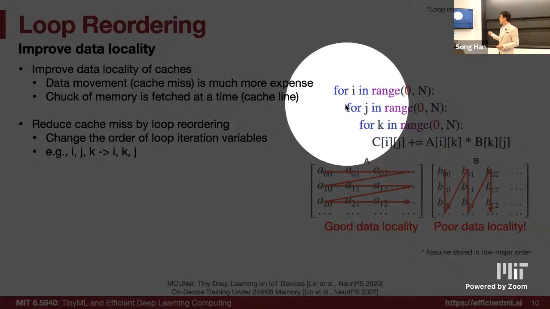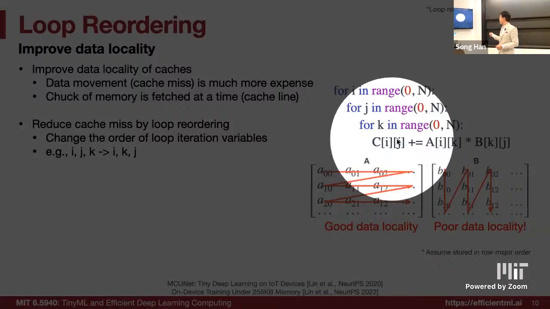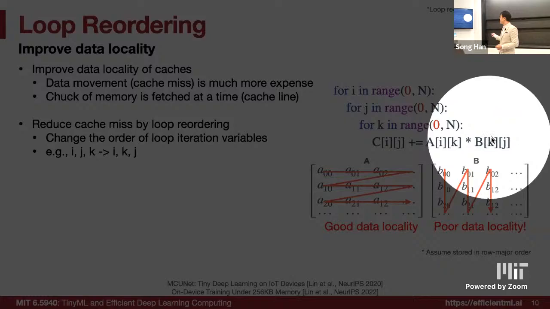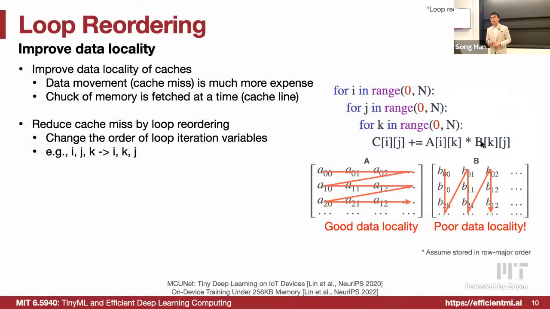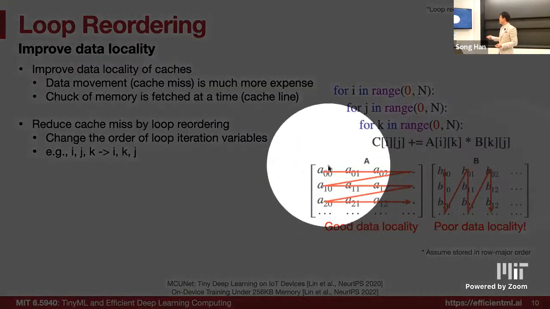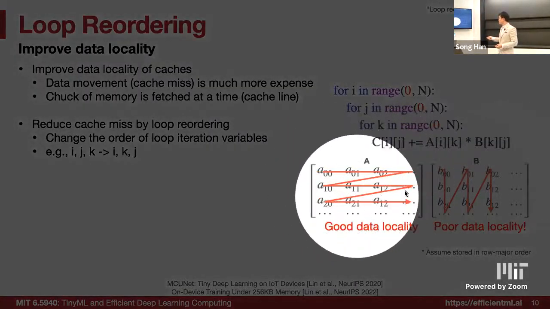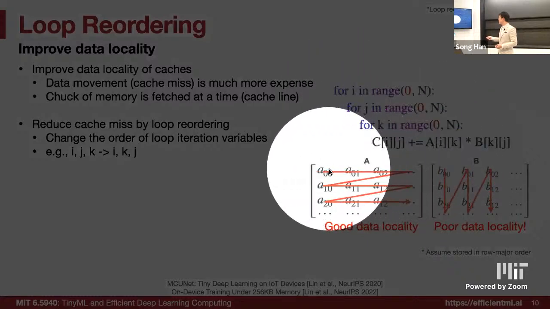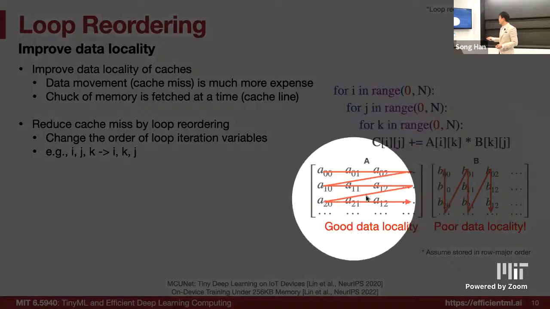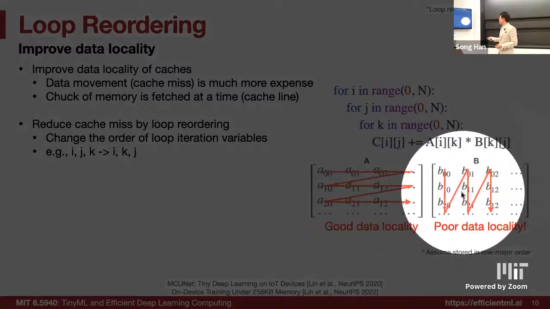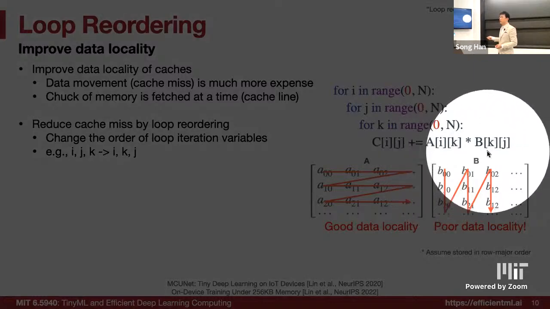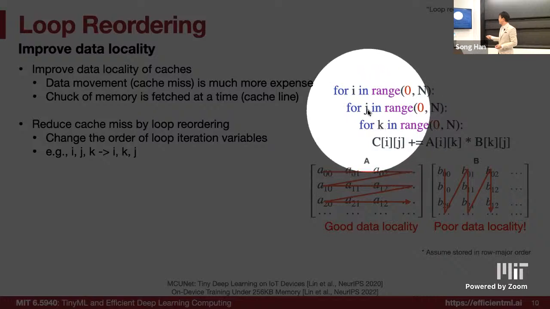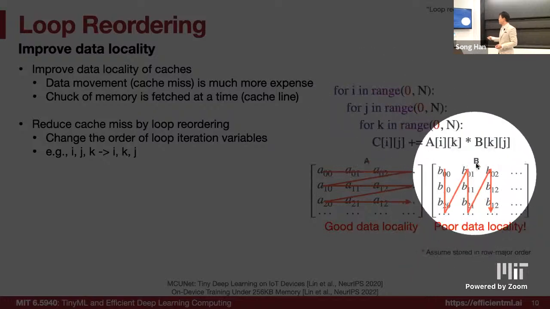You have 3 for loops, i, j, k: C[i][j] plus equals A[i][k] times B[k][j]. What is the order in which we access the 2 matrices? For the A matrix, we traverse them in the ik manner. i is outside, k is inside, so we go through k first, then i. But for the B matrix, the order is kj, where k is inner and j is the outer. So actually, we are traversing it in a vertical manner.